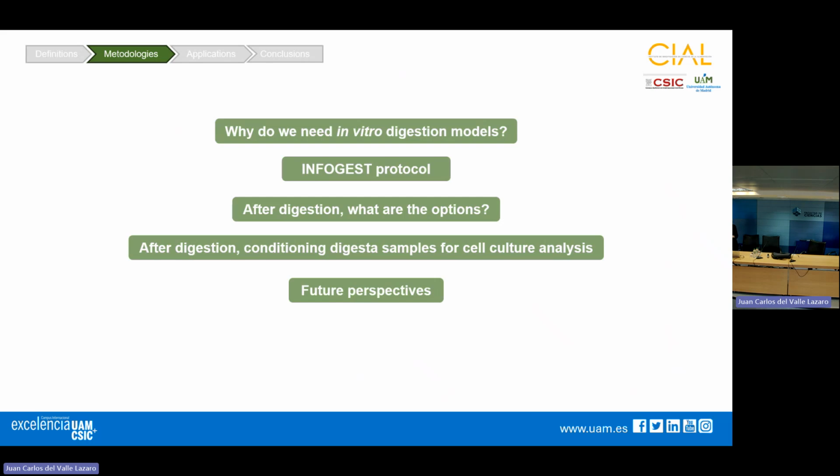We are going to see that they are toxic to our cells and we don't want to ruin our experiments and waste our money, right? Future perspectives on this protocol, and I'm going to introduce as well the InfoGest network, that I've been part of for almost 10 years, since I moved from Autónoma.